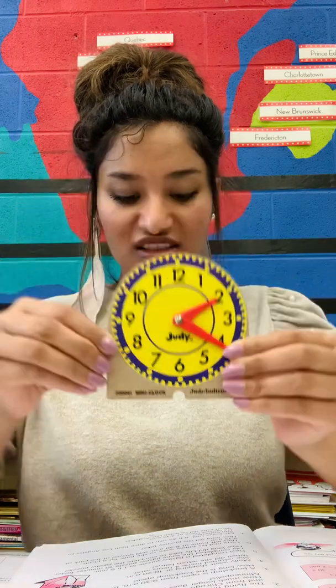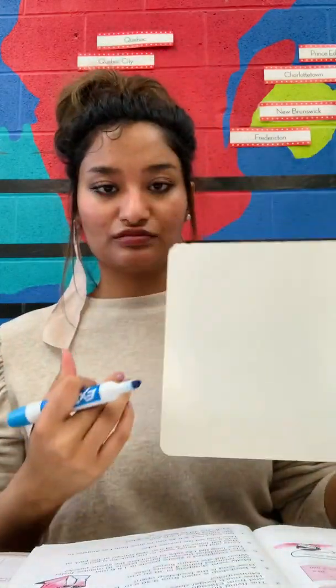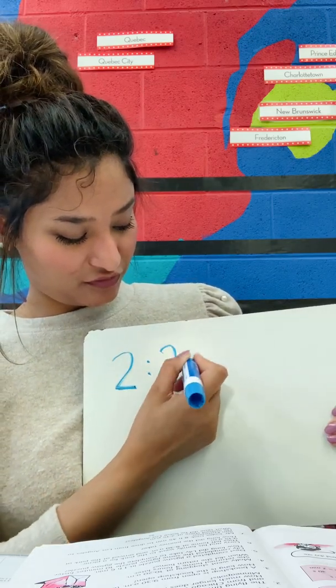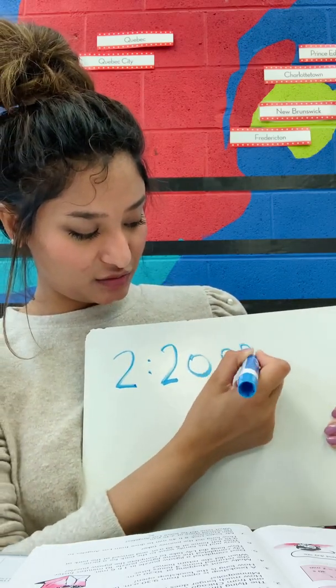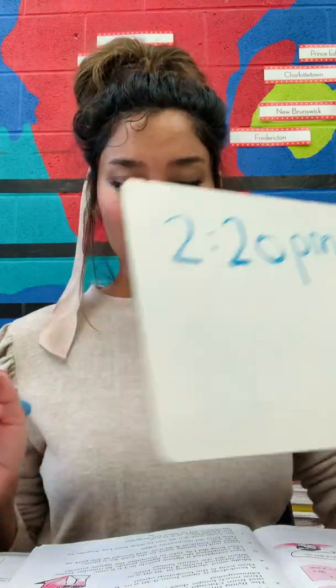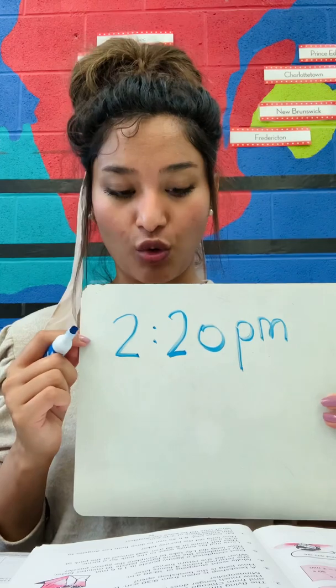So that means Molly returned home at 2:20 p.m., right? Let's write down 2:20 p.m. That's when Molly returned home. Okay, that was question 4.